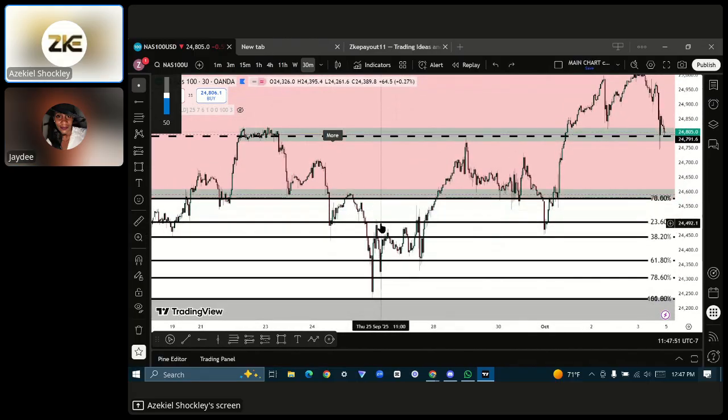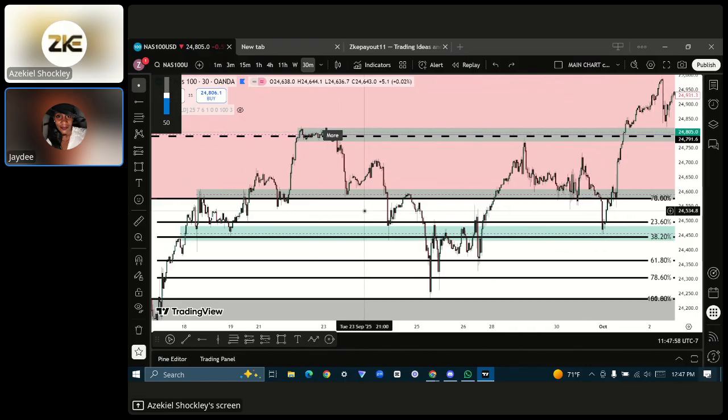I just put them together because I don't have two screens right now. One monitor is for the sellers and buyers, and the other one is with the fibs. This is mechanical trading, and this is just the strategy.